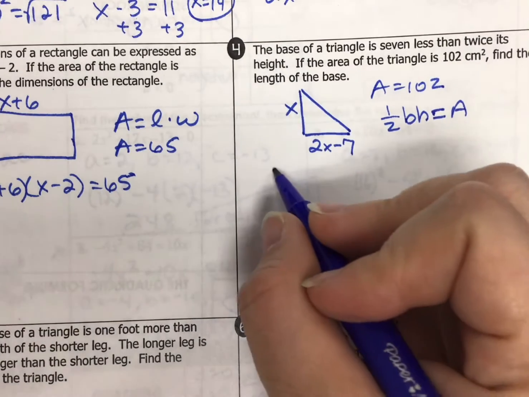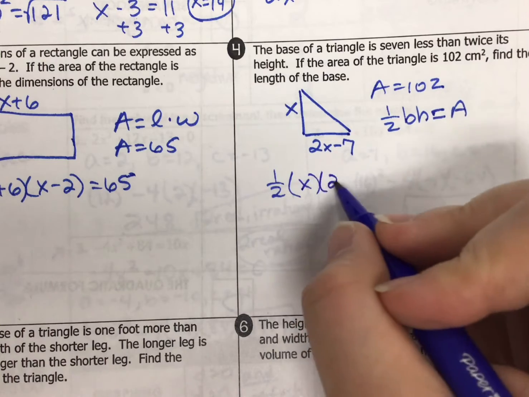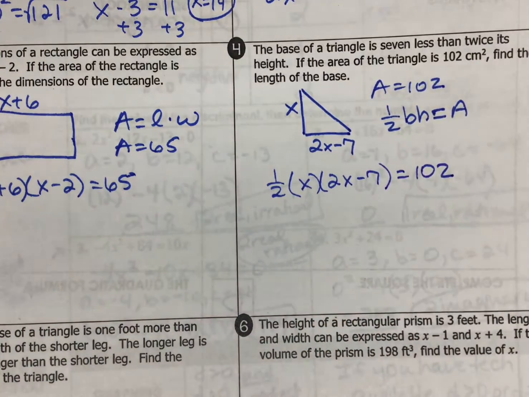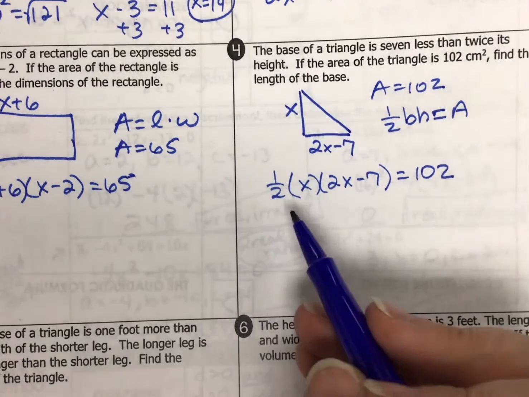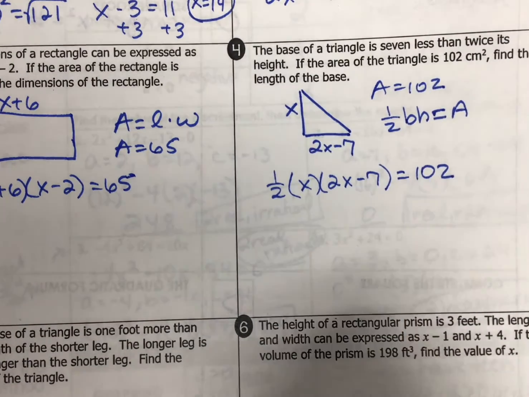We also know the formula for area is 1/2 times base times height. So to set this one up, you're going to do 1/2 times x times 2x minus 7 equals 102. Now, it does not matter on these types of problems the order you write this stuff in over here. I could have written 1/2 times 2x minus 7 times x. It would work out.